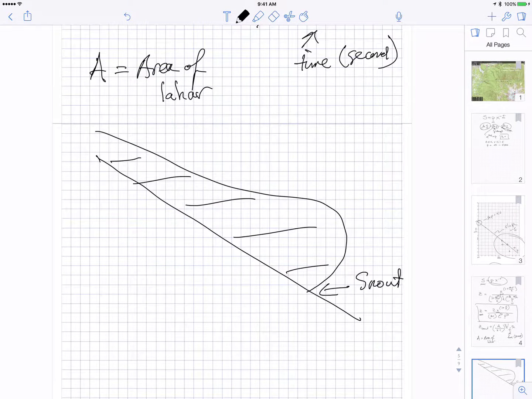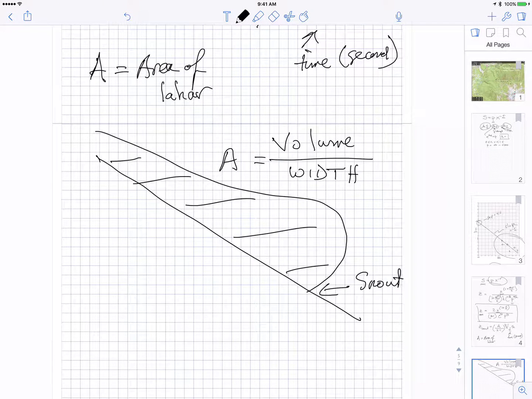So this is simply equal to the volume divided by the width. And the width would be the width of the channel. So you can look on a map or something and estimate the width of the channel. It's probably going to be hundreds of meters, maybe in some spots 500 meters, and so that will change the value.